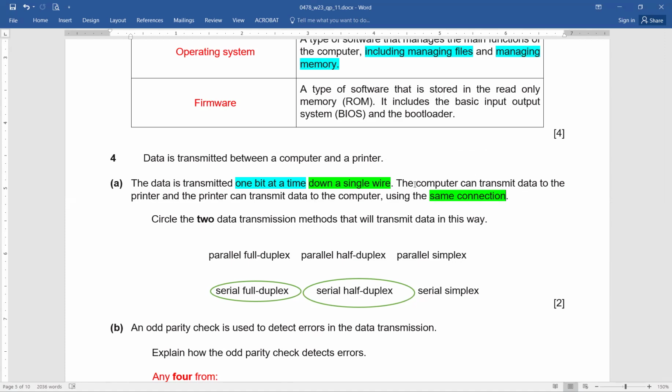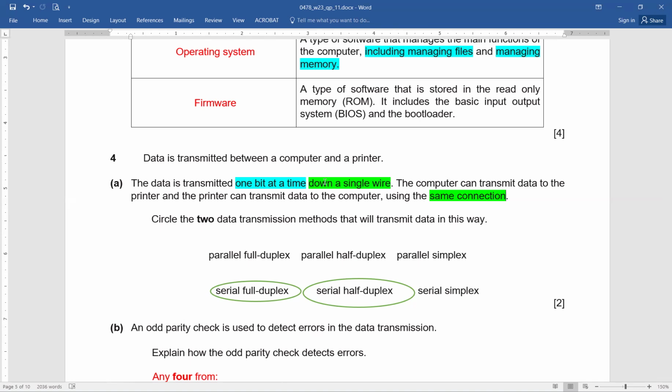First of all understand 1 bit at a time, 1 single wire means it is going to be definitely serial transmission. And now, the computer can transmit data to the printer and the printer can transmit the data to the computer, means it is going to be two-way.